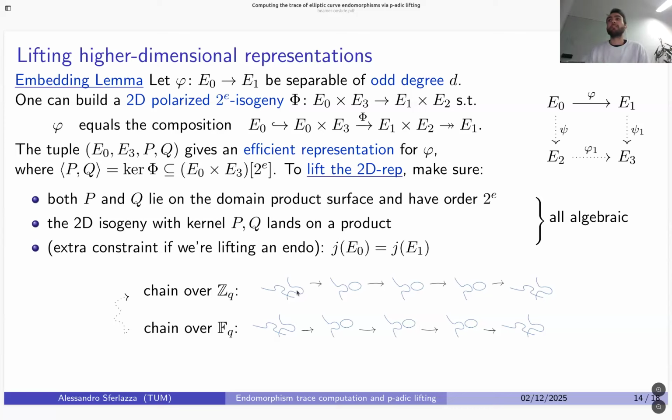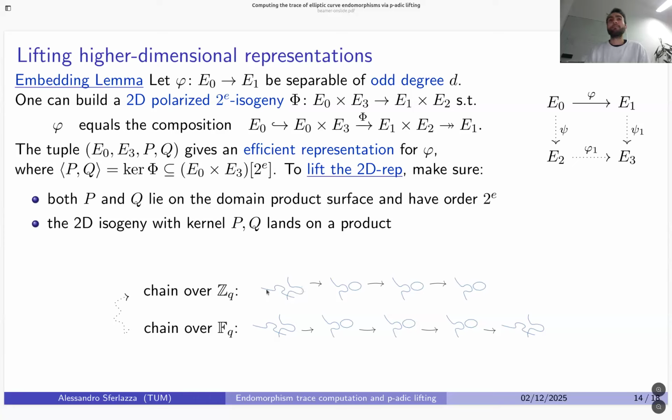So the thing is, when we lift such a chain, what we do is take the domain product of elliptic curves and lift these products arbitrarily. Choose an arbitrary lift of E0, an arbitrary lift of E3. Then from that, we can always lift the steps to make them meaningful isogeny steps in two dimensions.